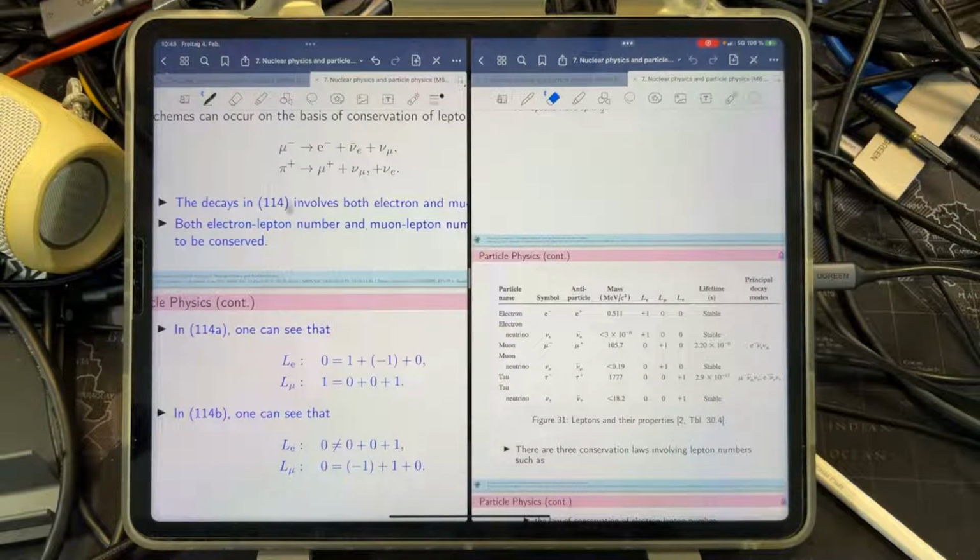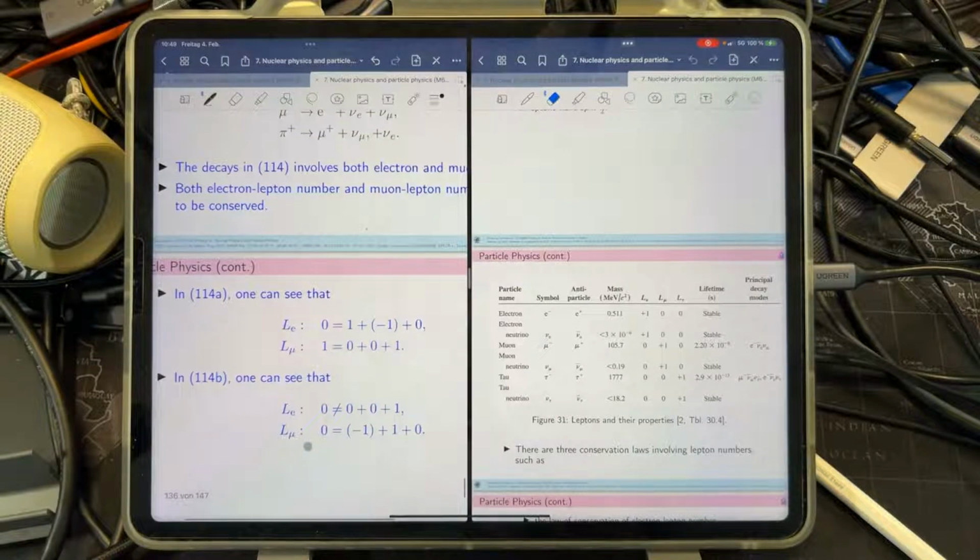For pi plus, we have 0, and the anti-muon would have -1 muon lepton number, right? The muon neutrino would have 1 muon lepton number, so we write down 1. And the last one is electron neutrino. Electron neutrino would have 0 muon lepton number here, so we write down 0.